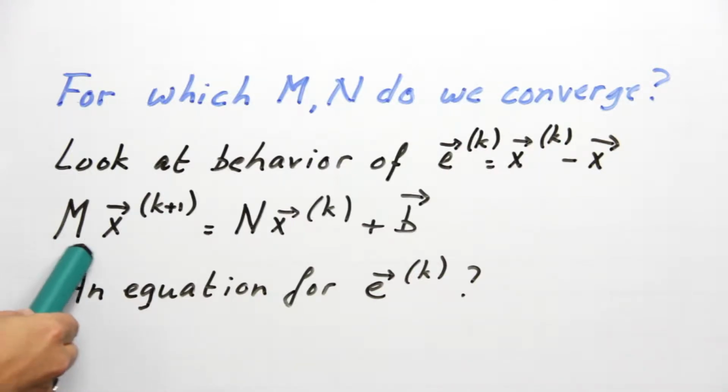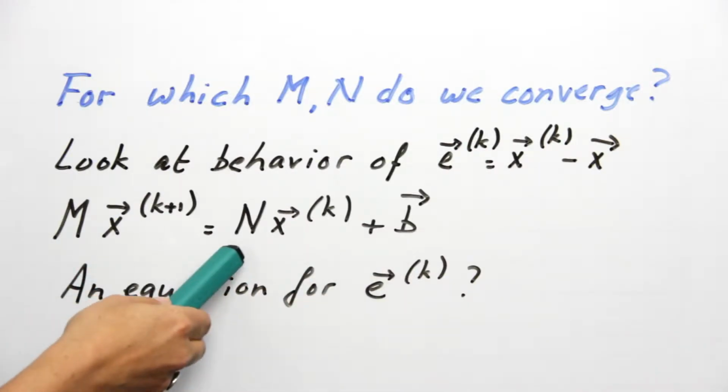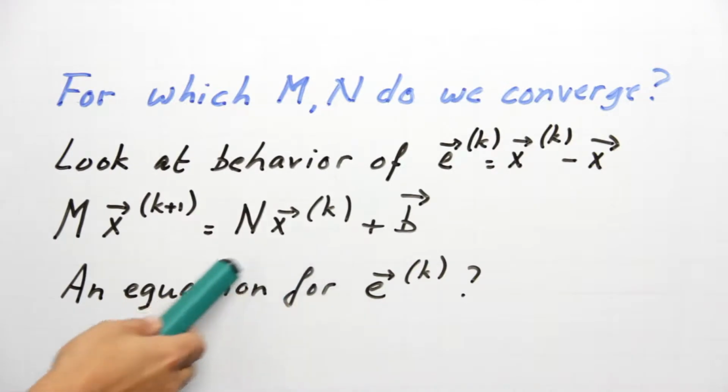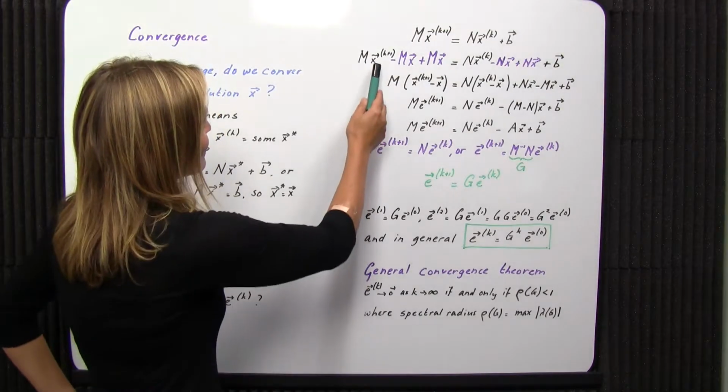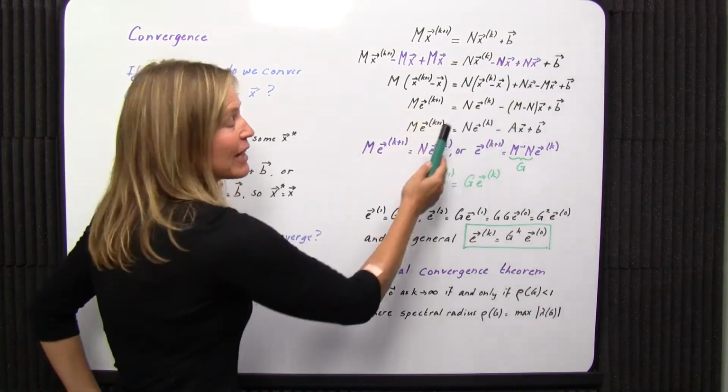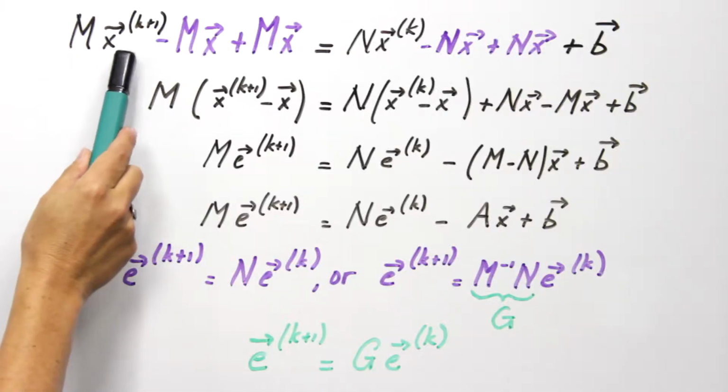Now we have this iteration equation here, M x_k plus 1 is N x_k plus b. And somewhere hidden in this equation will be an expression for this error e_k. And the question is, how do we derive it? We start with M x_k plus 1 is N x_k plus b. Now we have an equation in x_k plus 1.